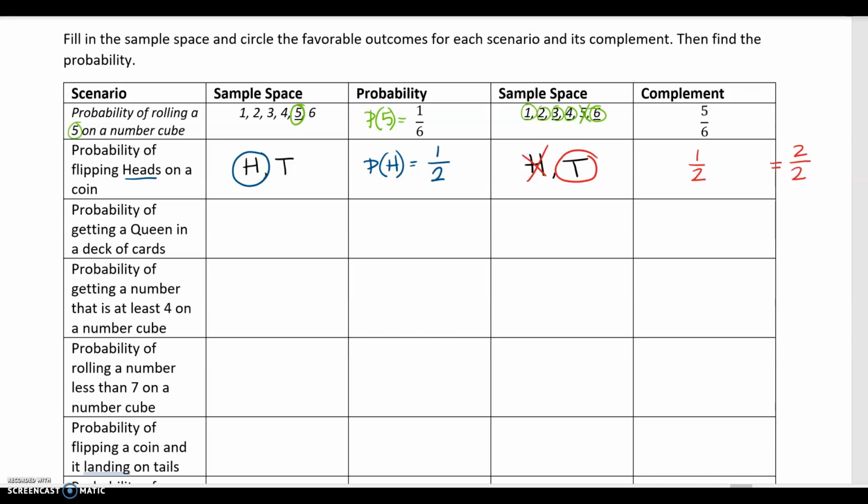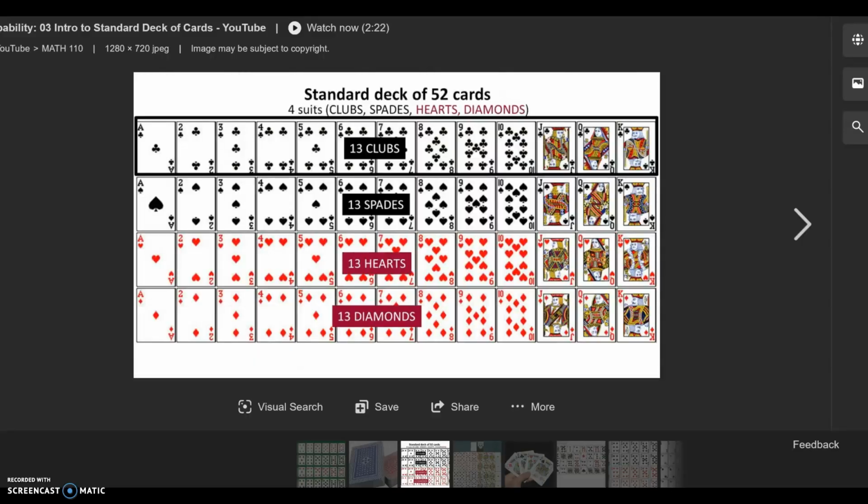Next one says the probability of getting a queen in a deck of cards. Okay. So let's go back to our deck of cards. All right, so there's 1, 2, 3, 4 queens.